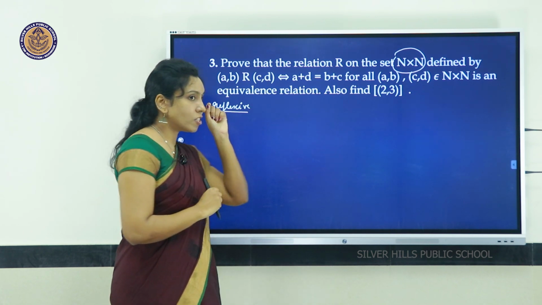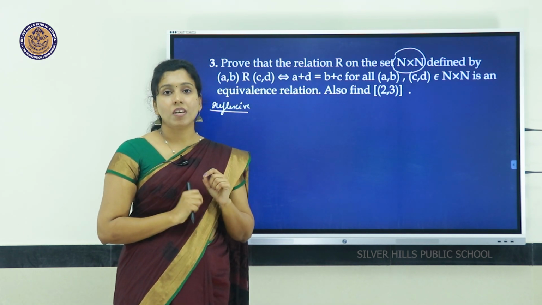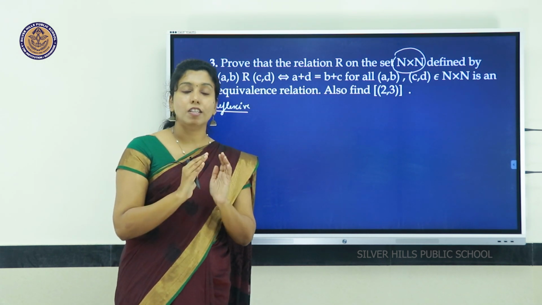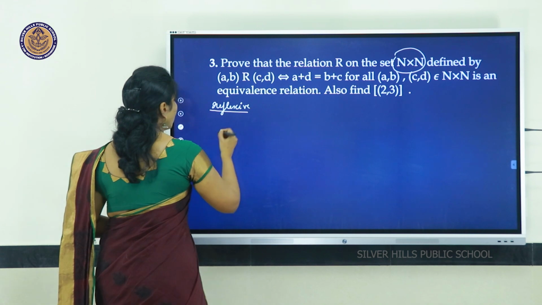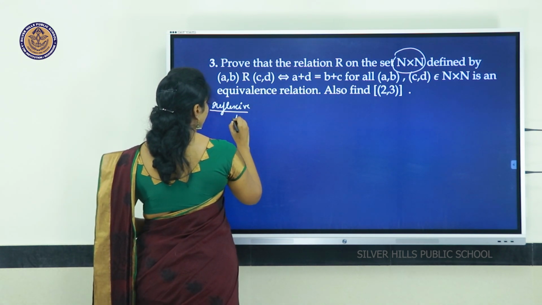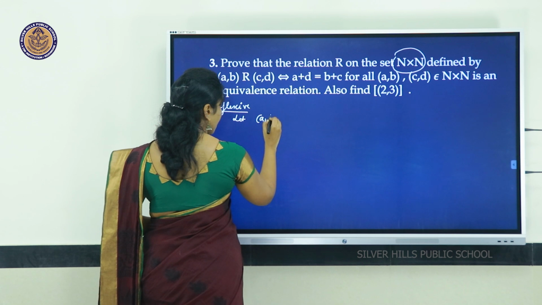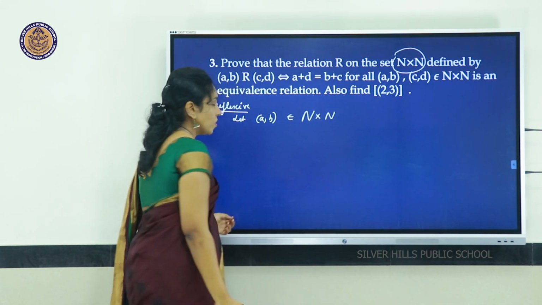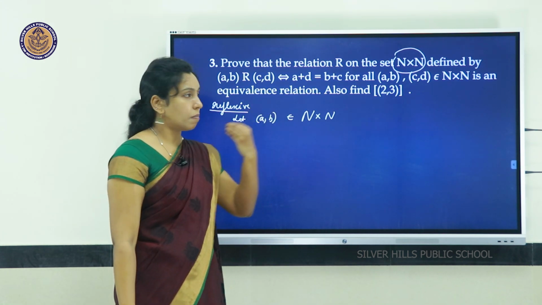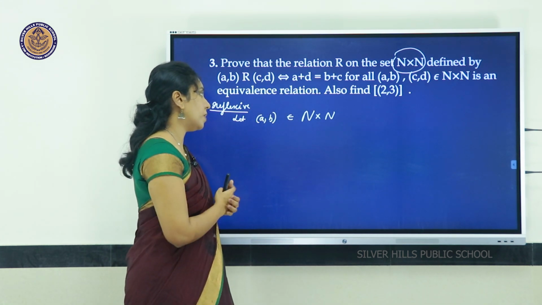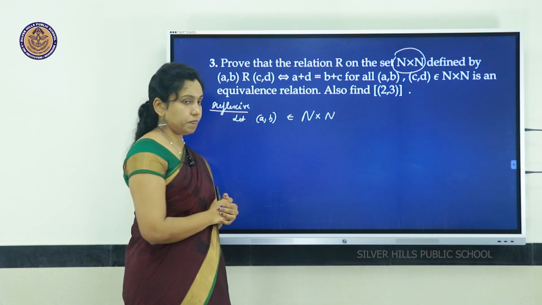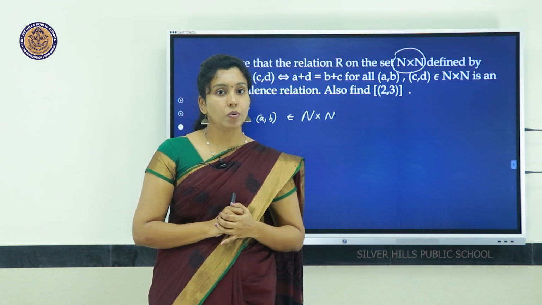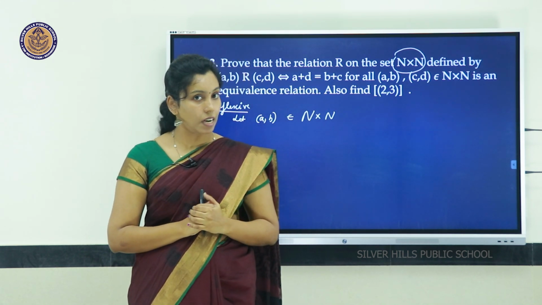So, instead of small a, I will have to use another one, say ordered pair AB. Okay, the members are in the form of ordered pairs. So, how do I start? Let AB, this is a single member, let AB belong to our set N cross N. To prove reflexive, in the definition we prove a comma a belongs to the relation.